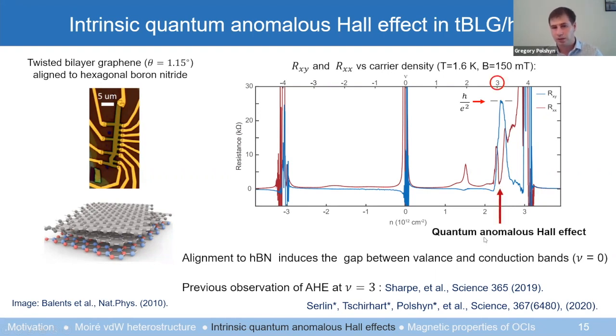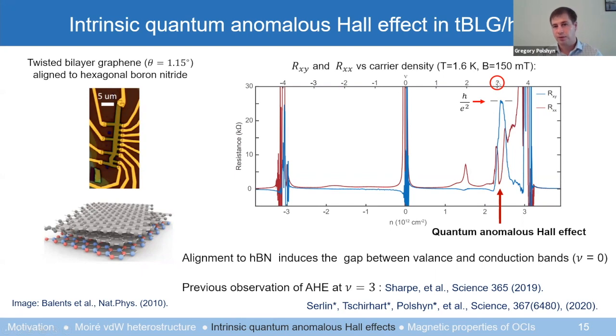This is a sign of quantum anomalous Hall effect. This measurement is done at some small magnetic field. I want to note that earlier, the observation of non-quantized anomalous Hall effect in the same system was done by the group of David Goldhaber-Gordon from Stanford. I think in this case, we just had a slightly cleaner sample, which enabled us to observe the quantized response.